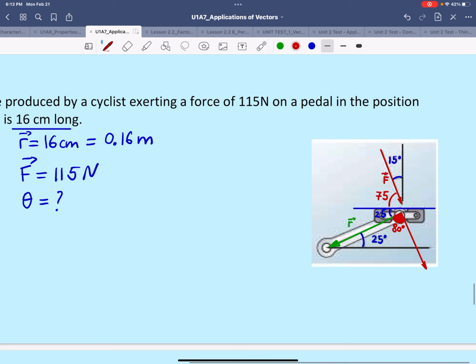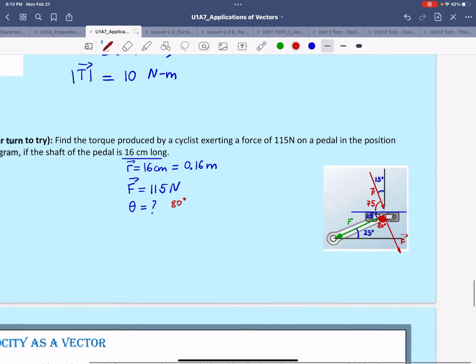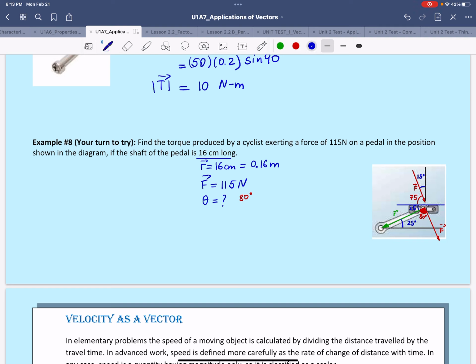So now that we know the angle made between the force and r, so that would be 80 degrees, then we can use the formula for the torque to find the torque.